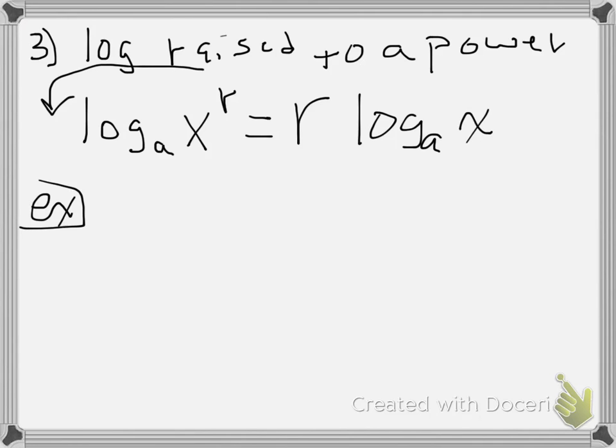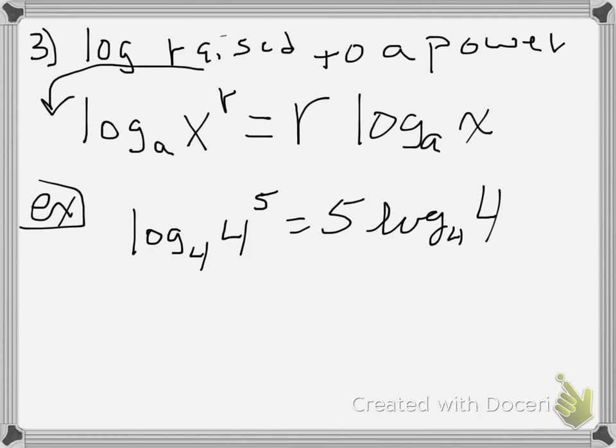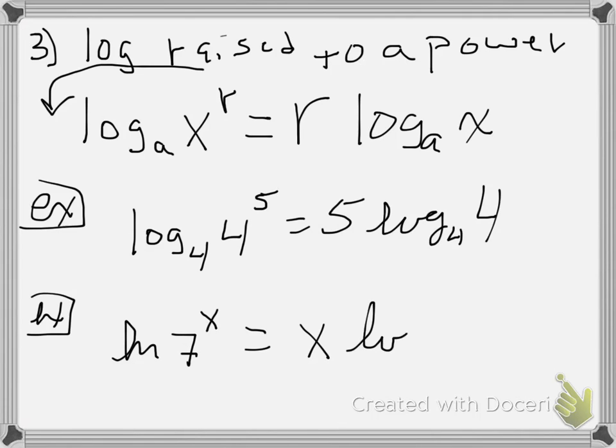Nice little example. Log base 4 of 4 to the 5th power would equal 5 times the log base 4 of 4. Or another example, natural log of 7 to the x power equals x times the natural log of 7.